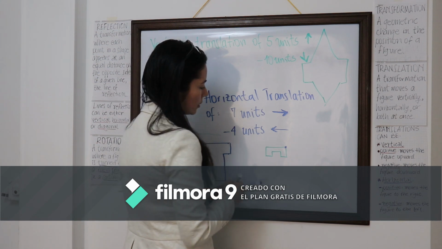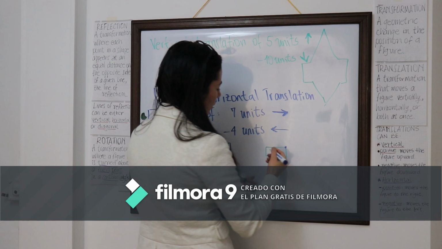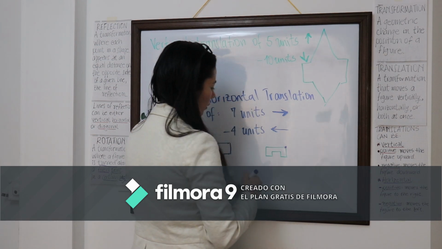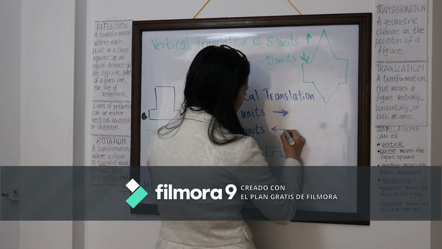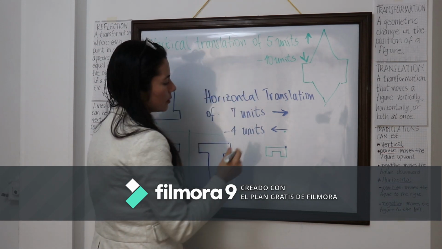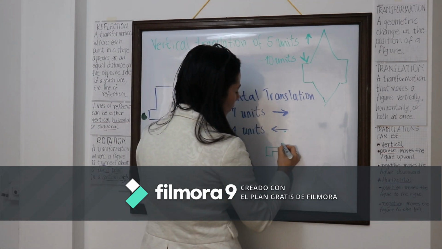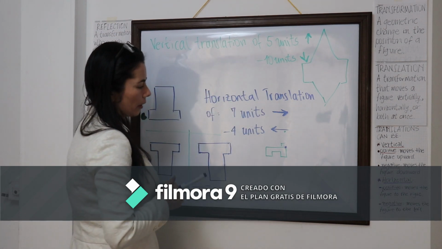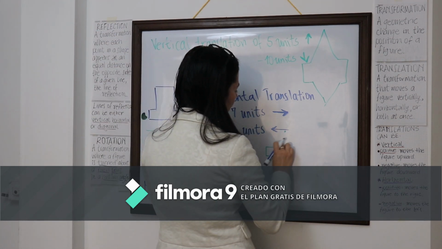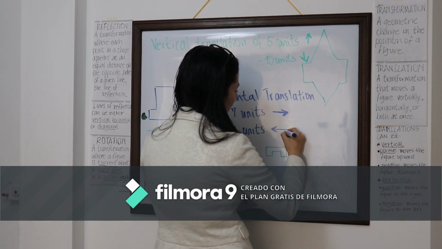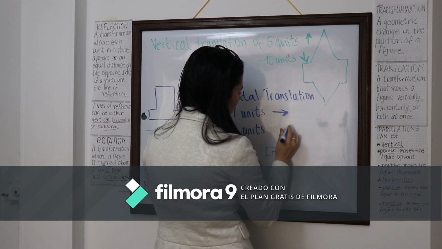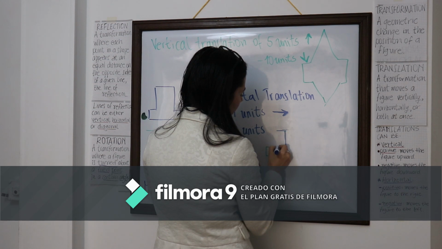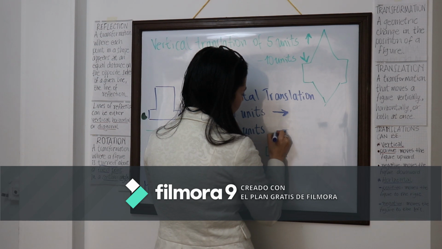So if I want to move this figure 90 degrees, that means that this point over here is now going to move all the way over here, right? Why? Because I need to make a 90-degree angle. So right here, what I'm going to have is a move like this, this way, and then this way, this way, and this way.